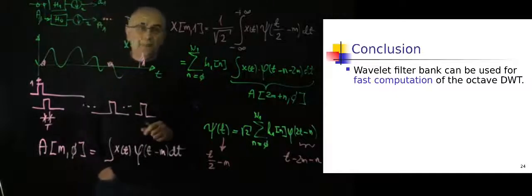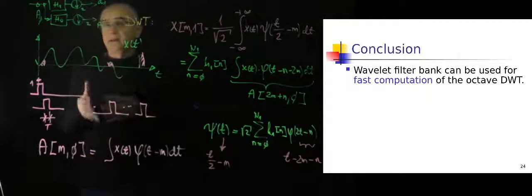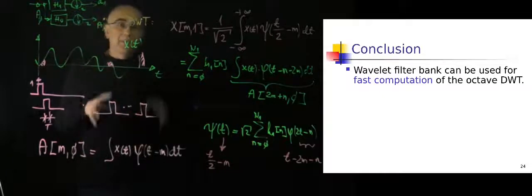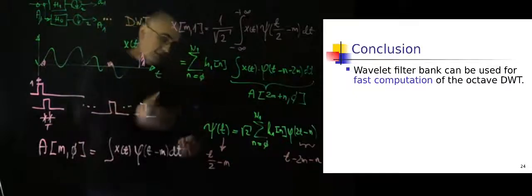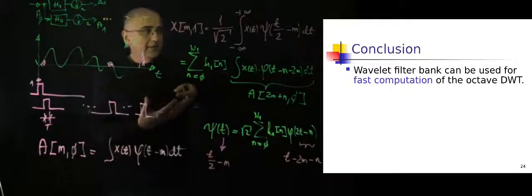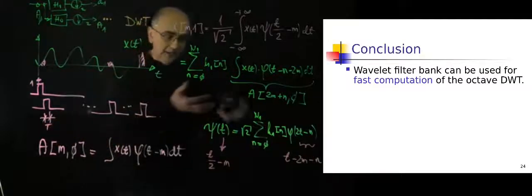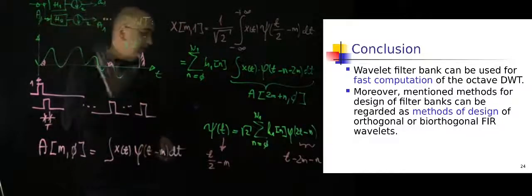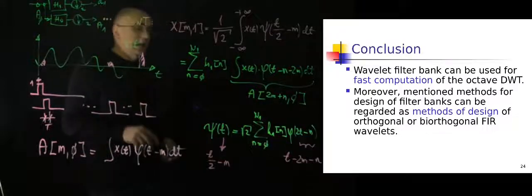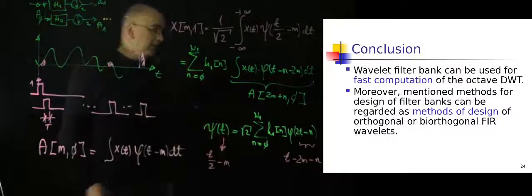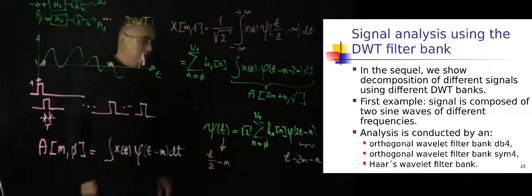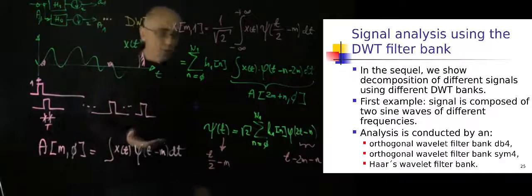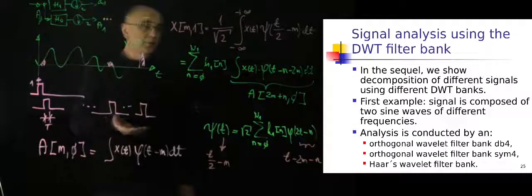Not only for that: since we learned how to design wavelet filter banks, we have a powerful tool for the design of novel pairs of wavelets and scale functions. So the design of the filter bank is also a method of design of orthogonal or biorthogonal wavelets. Altogether, we are going to show some nice applications of wavelets.